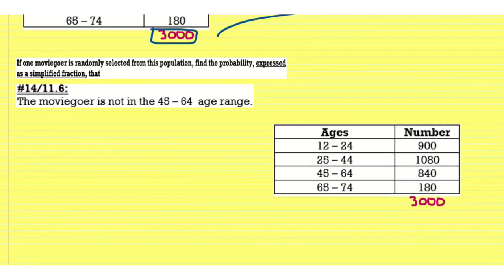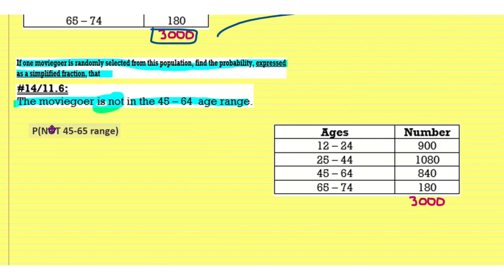Here it says, if one moviegoer is randomly selected from this population, find the probability expressed as a simplified fraction that the moviegoer is not in the 45 to 64 age range. So how can we write this? They're saying find the probability that the moviegoer is not in that.